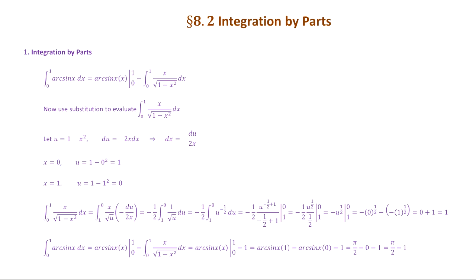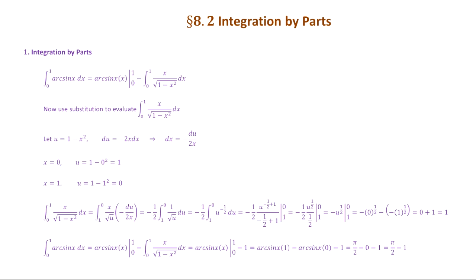So the integral of x over square root of 1 minus x squared from 0 to 1 becomes the integral of u from 1 to 0. When x is 0, u is 1, so you get 1 in the lower limit of integration. And then when x is equal to 1, u is 0, so you get 0 at the upper limit of integration for u.